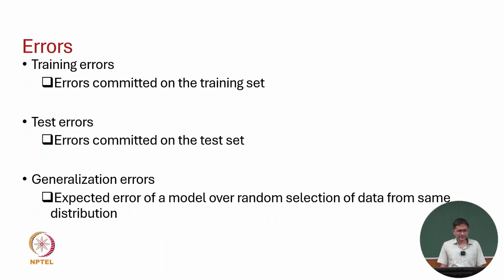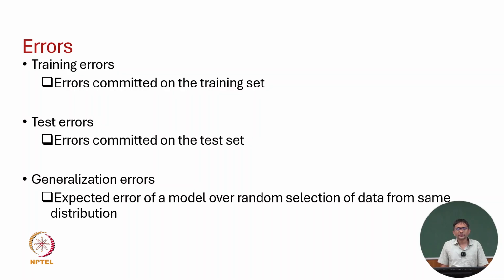Now with this, let us try to also formalize a bit some definitions on the errors. Training error, very straightforward. We have a training set, the error committed on this, we'll call this the training error. Test error, again, we have a test set, the error committed on this set, we will call this the test error.